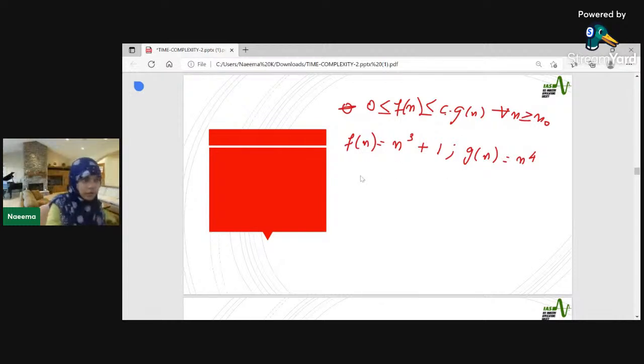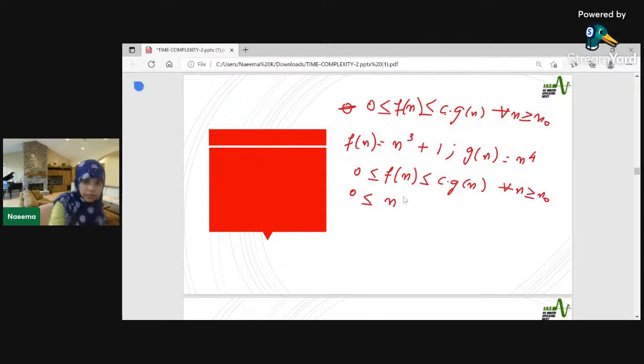So now let me substitute the values. According to the definition, we know the equation is 0 less than or equal to f(n) less than or equal to c g(n) for all n greater than or equal to n naught. Now let me substitute the values of f(n) and g(n).